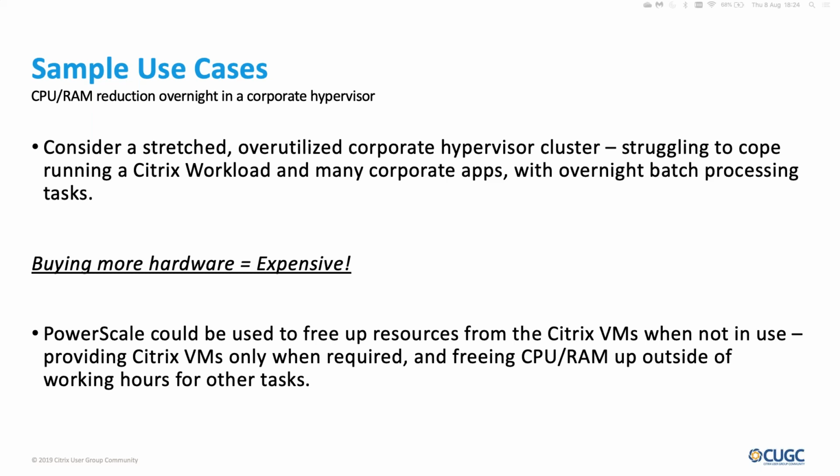Again, this is an example where PowerScale is effectively giving you something back. So rather than it being a cost saving in this case, it's a saving on your hardware, because out of hours you've got effectively more processing power, more memory, and more storage throughput to use, because that's not being consumed by your Citrix workload.